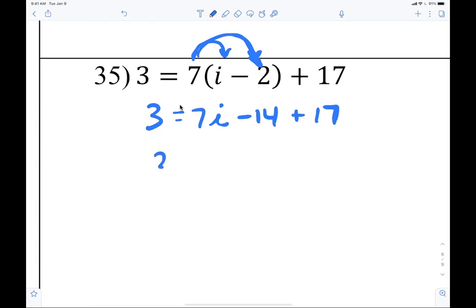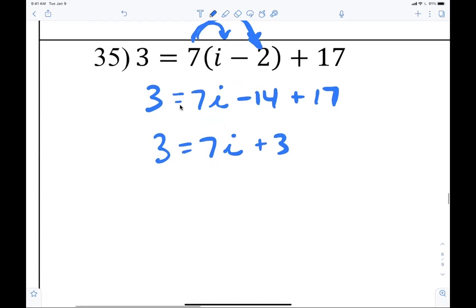Yes, so what's that? 3 equals 7i plus 3. Yes, plus 3. Now what? Would you multiply the 3? No, you're isolating. So get rid of the constant.